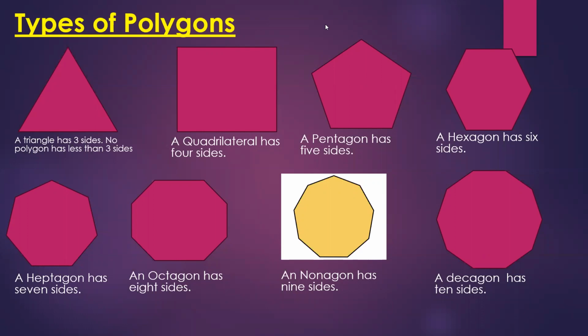Decagon. Decagon. All right, very good. So those are different types of polygons that we have based on their sides.